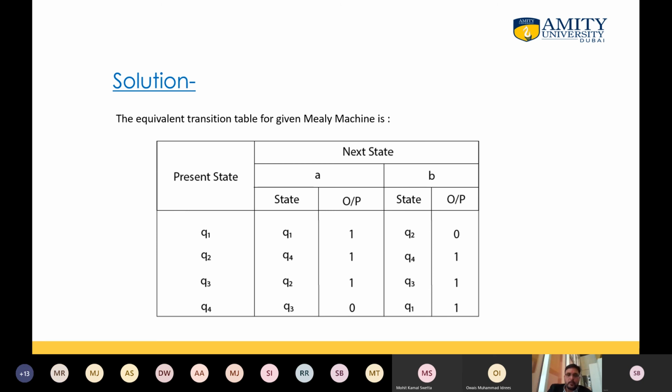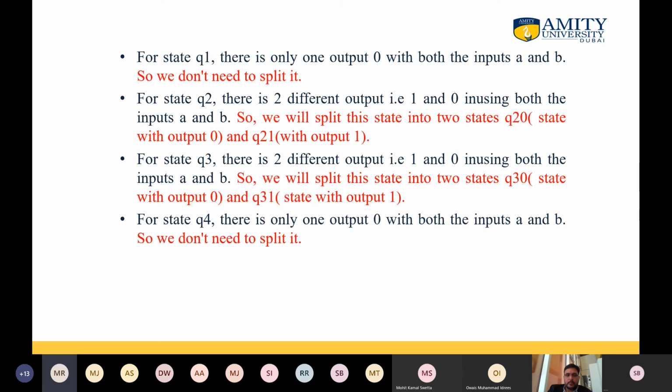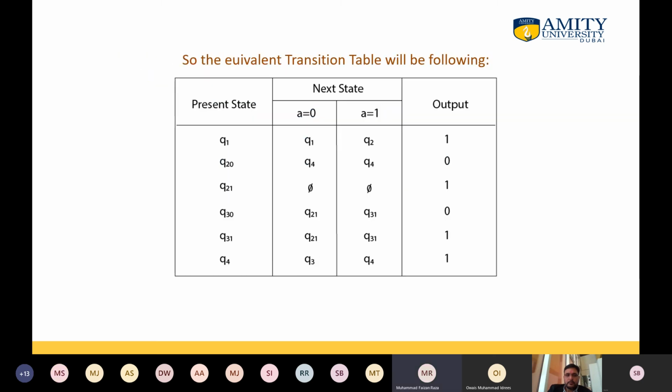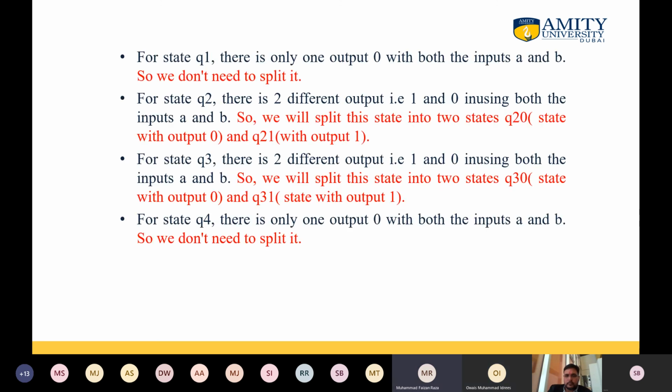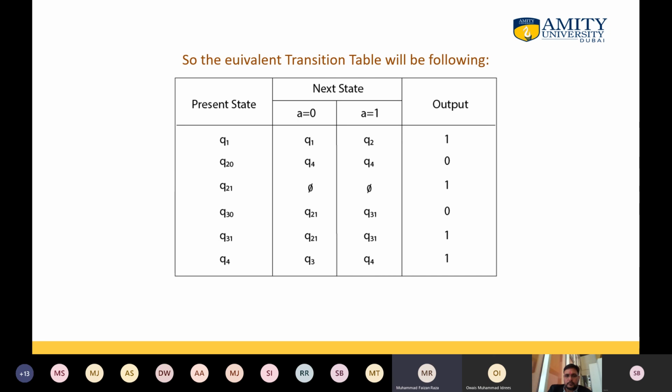Q2 0, what you are writing? It was B, right? Q2 0 goes to B, right?